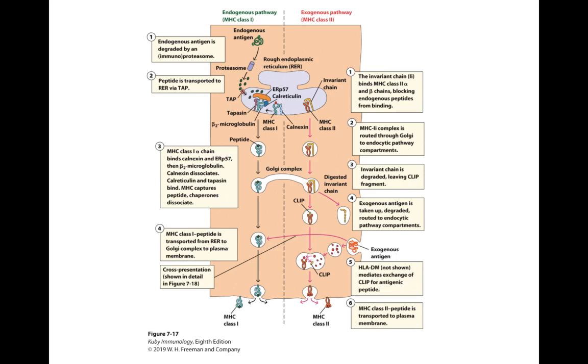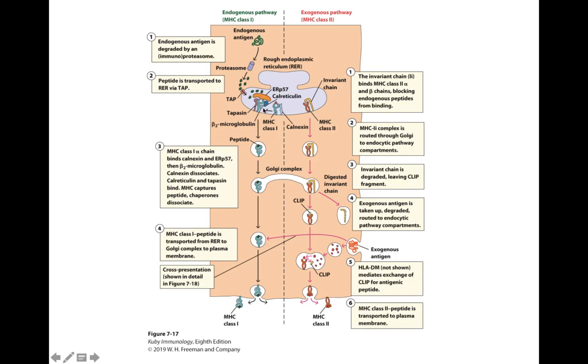There are chaperones that help MHC class I before it gets its peptide bound to it. So MHC class I, which is right here, with the help of calnexin, calreticulin, and tapasin, it helps stabilize it with the ERp57.